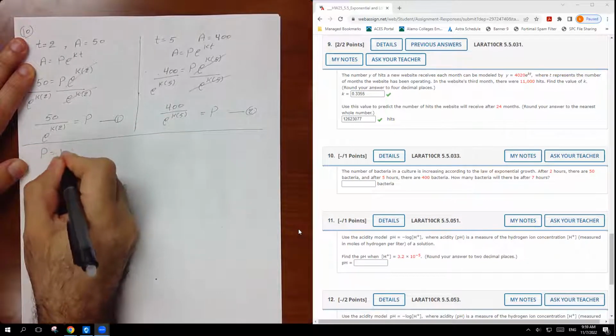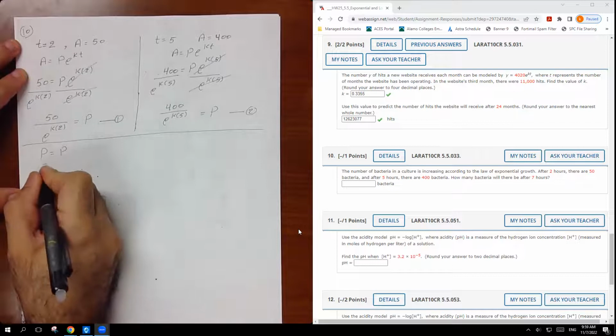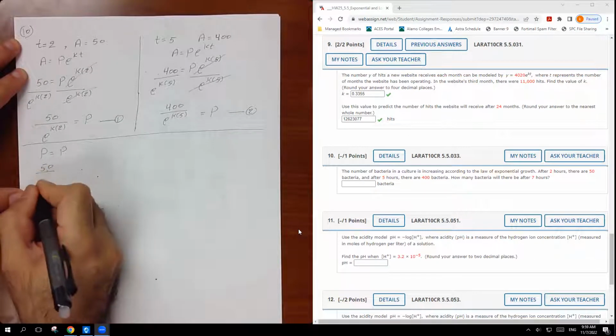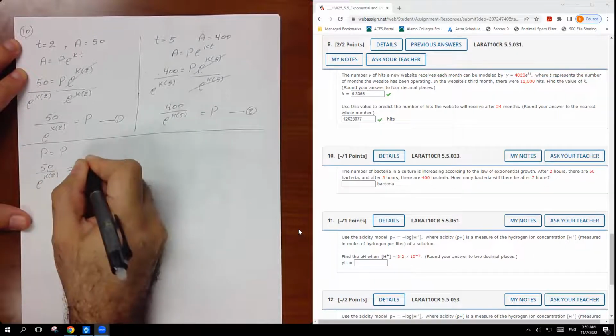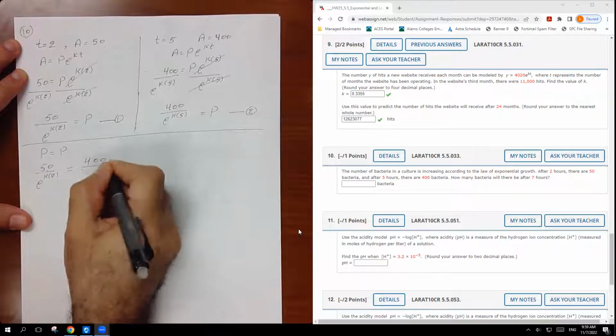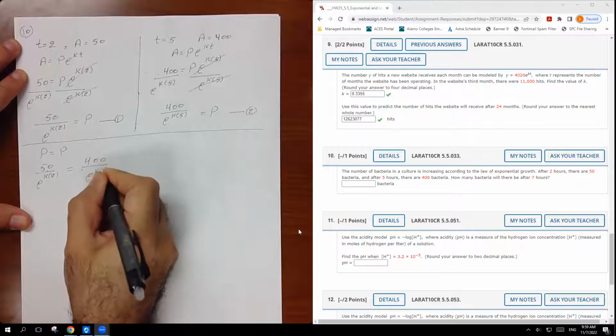We can say P equals P. That means 50 over e^(k·2) equals 400 over e^(k·5).